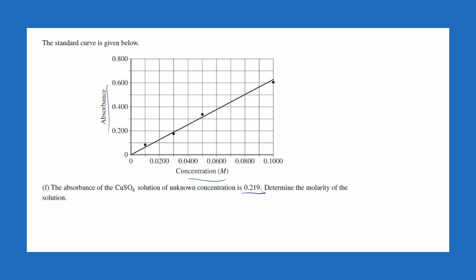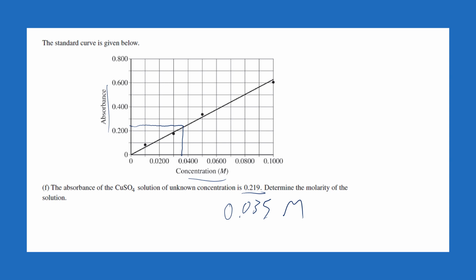The absorbance is 0.219, 0.2, that's 0.3, so like 0.21, and then you just trace over, I don't know, so like 0.035-ish. They'll usually accept a range of values. But that's it. It's just asking you to read the graph.